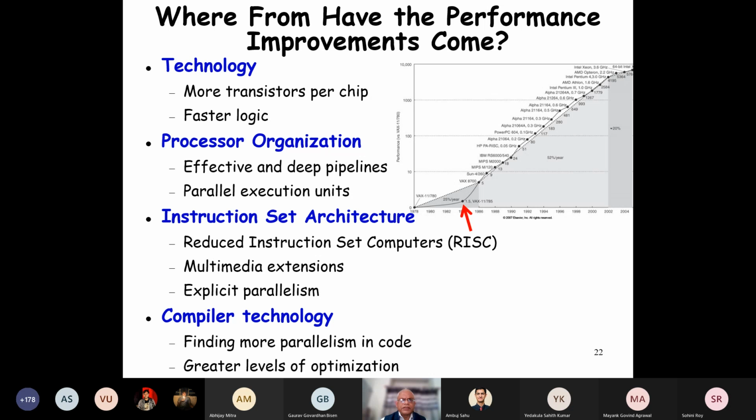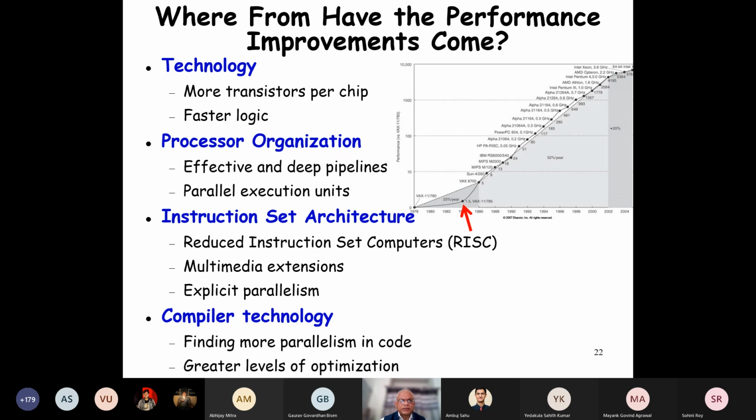And the other component in processor performance improvement comes from the organization, which is in the scope of our discussion in this course. The technology we are not discussing; that's part of a VLSI course. The processor organization: we will not look at the deep pipeline and parallel execution units, we'll look at the basic ones. And then the instruction set architecture.